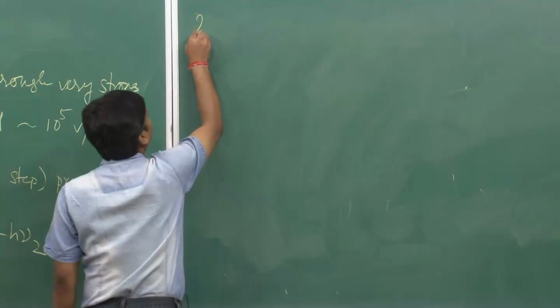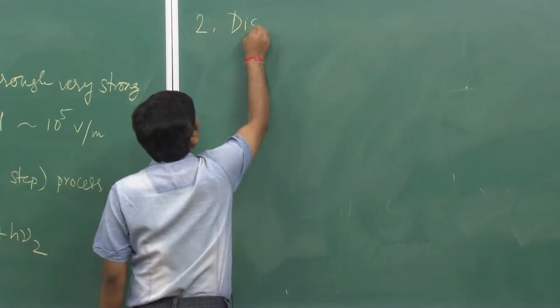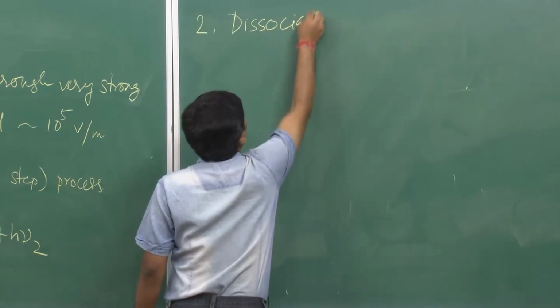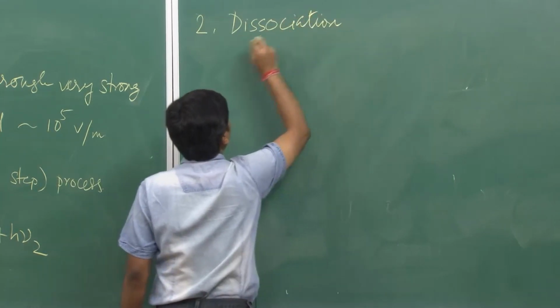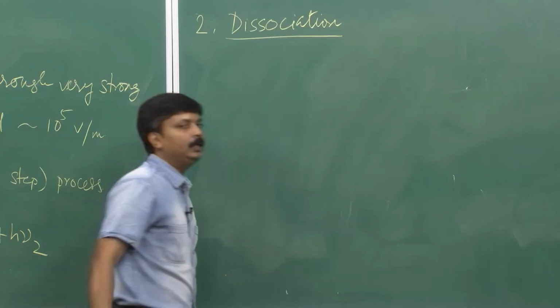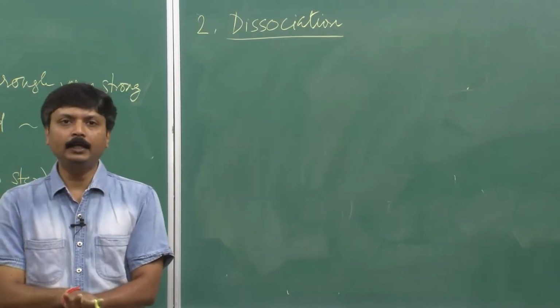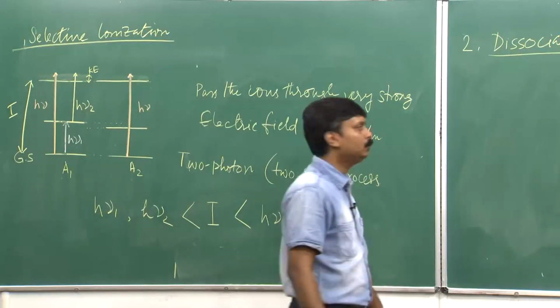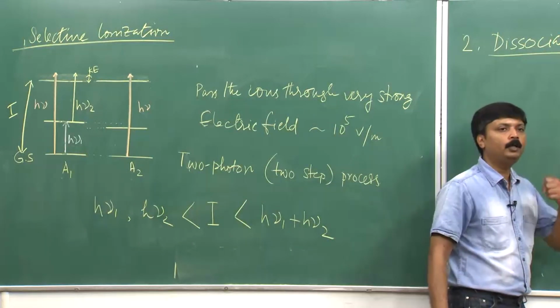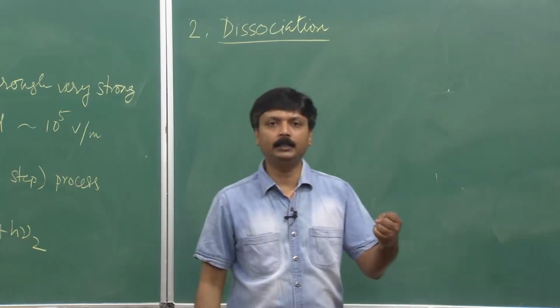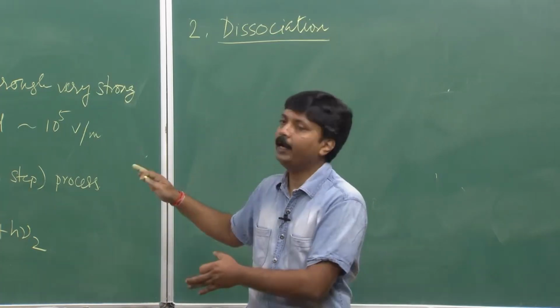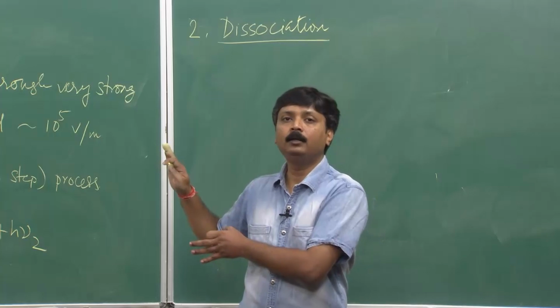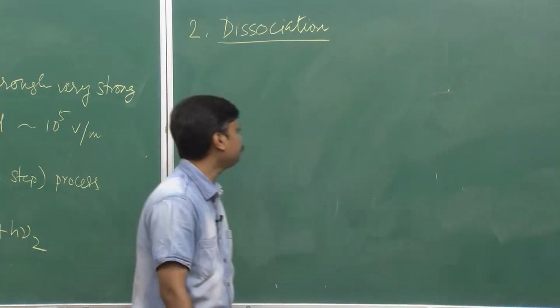Second is dissociation. This is pretty much like the ionization process, where we took the help of a multi-step ionization process, which is also a kind of resonant enhanced photon ionization.